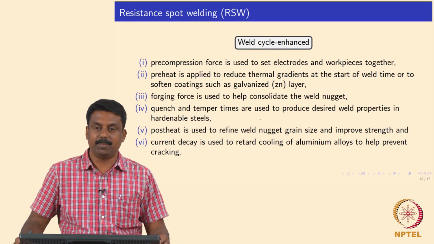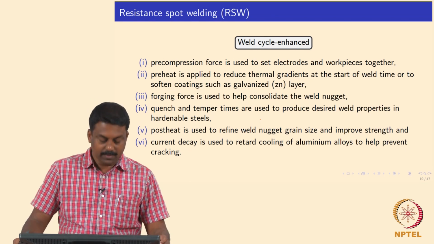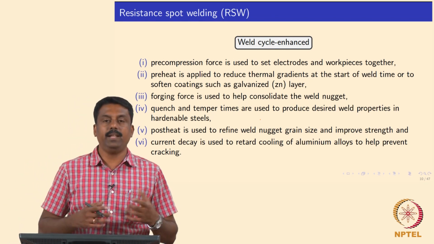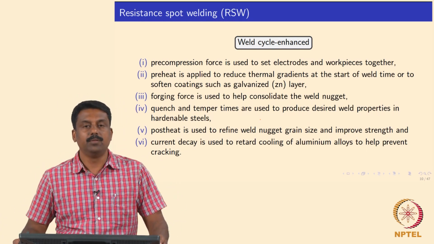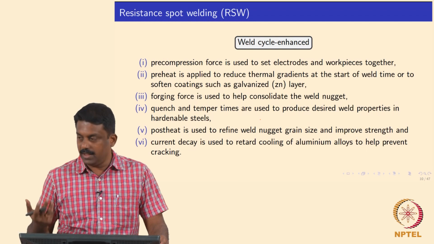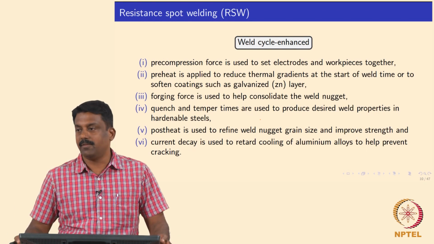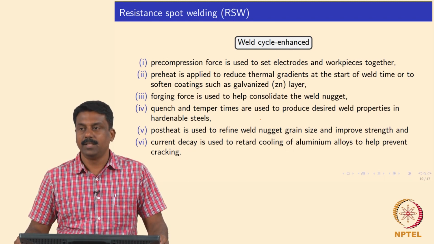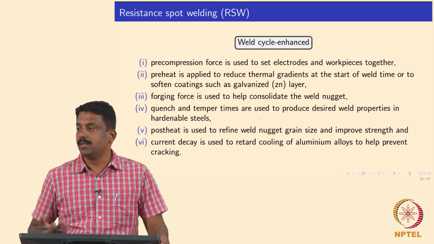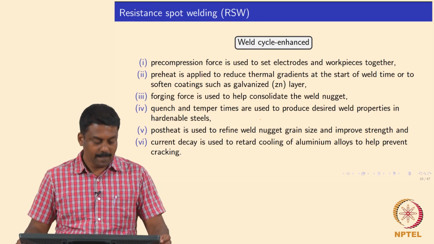Because of this presence of the oxide layer, you may end up heating a lot, right. So you need to play around with the current decay or the downslope of the current in order to retard the quenching of aluminum alloys, which can otherwise lead to cracking. Okay, it's clear. So we can play around with these parameters to achieve the required weld metal properties.